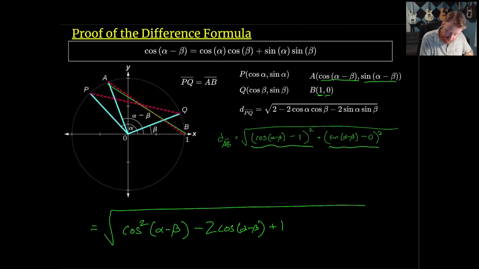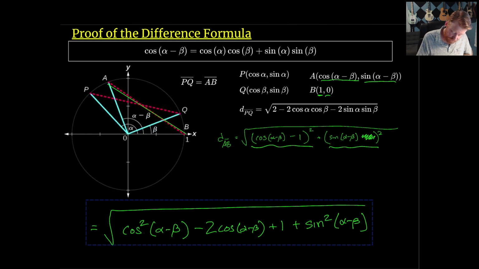And then if I do the same thing here, we can just ignore the minus 0. I'm just squaring sine of alpha minus beta, so this is going to give me just plus sine squared alpha minus beta.